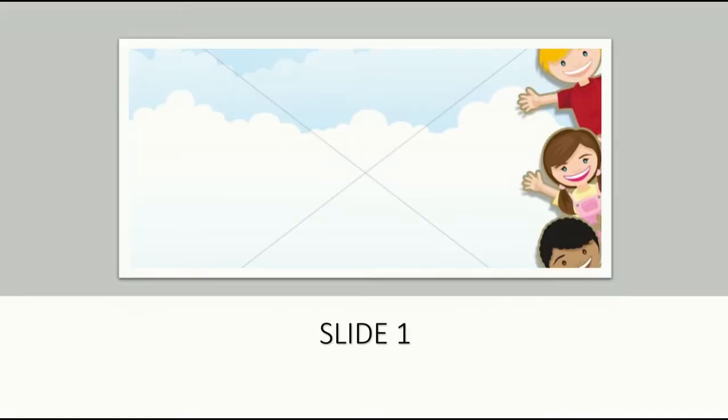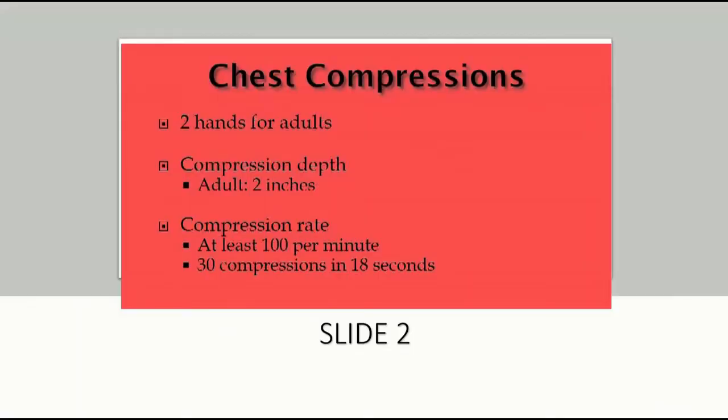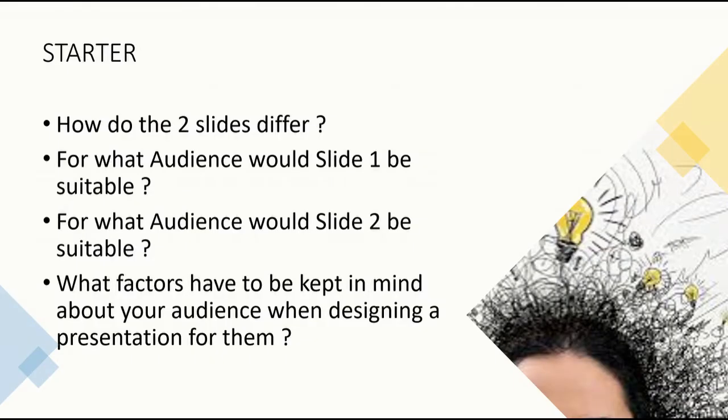Slide 1 will probably be suitable for small children, primary school kids, teaching them some content and so on. And for what audience would slide 2 be suitable? Slide 2 would probably be suitable for a seminar for doctors or nurses where you just need to convey the information, and pictures or graphics or background really don't matter.